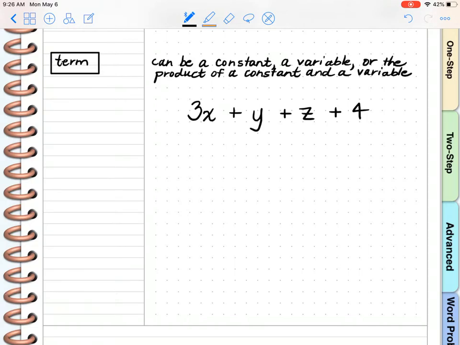I know that's one of your vocabulary words, and we'll talk about it in just a second. But let's take a look at the pieces that we can already identify. This plus 4 is a number by itself. That's positive 4. So this is called a constant.